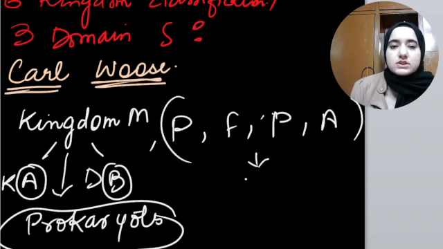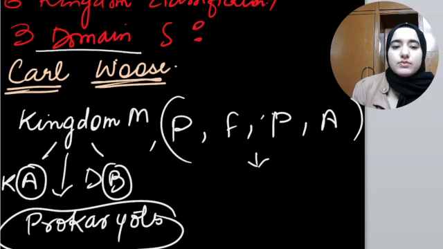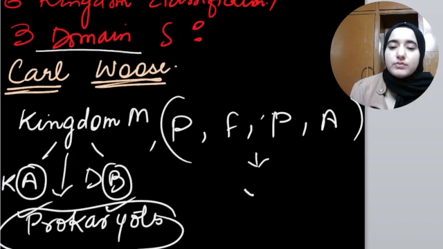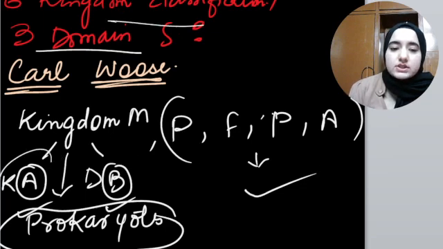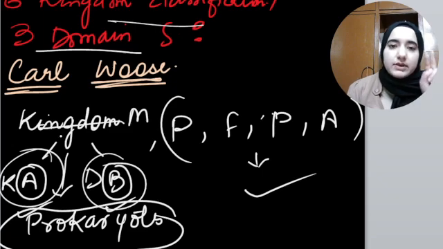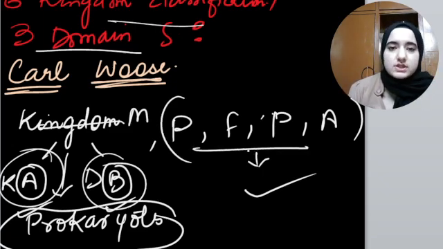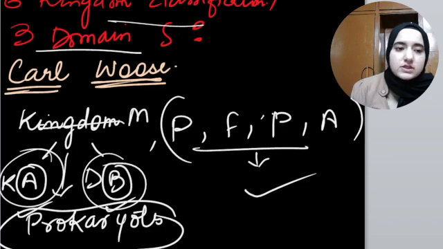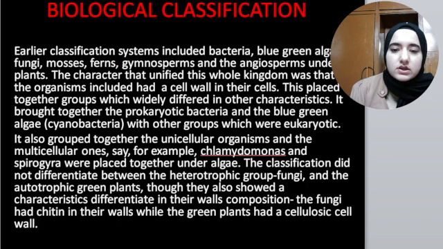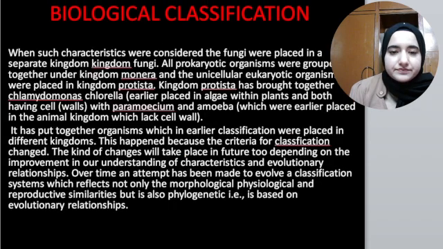Since it is a three domain system: Domain Archaea, Domain Bacteria, and Domain Eukaryotes, it is a six kingdom classification. How? Archaebacteria make up one kingdom, and Bacteria another, that means 2, and these 4 eukaryotic kingdoms constitute 4. 4 plus 2 is equal to 6. That means six kingdom classification. I hope this confusion is clear, right? Very nice. Let's move forward.